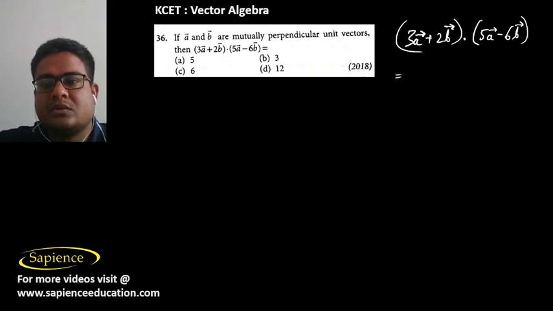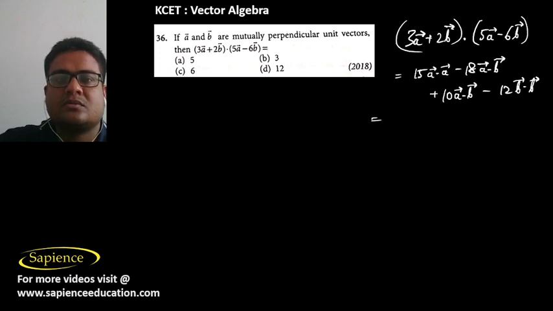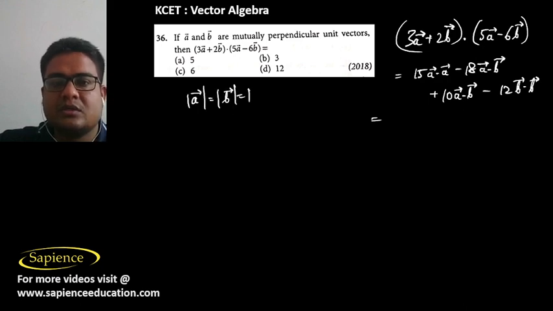That is equal to 15 into a dot a, minus 18 into a dot b, plus 10 into a dot b, minus 12 into b dot b. They are mutually perpendicular unit vectors, so magnitude of A is equal to magnitude of B is equal to 1, and A dot B is equal to 0.